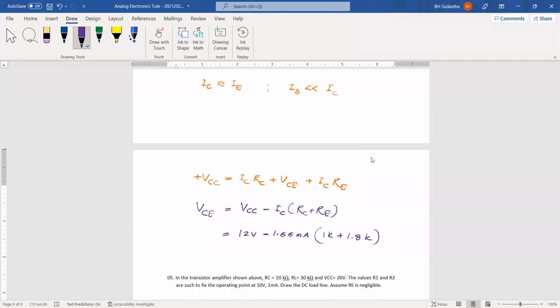So 12 volts minus 1.66 milliampere times 2.8K. We can cut the milliampere and K here.